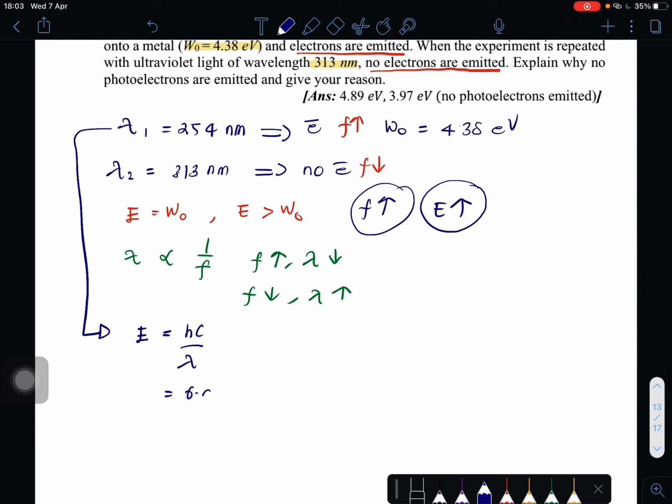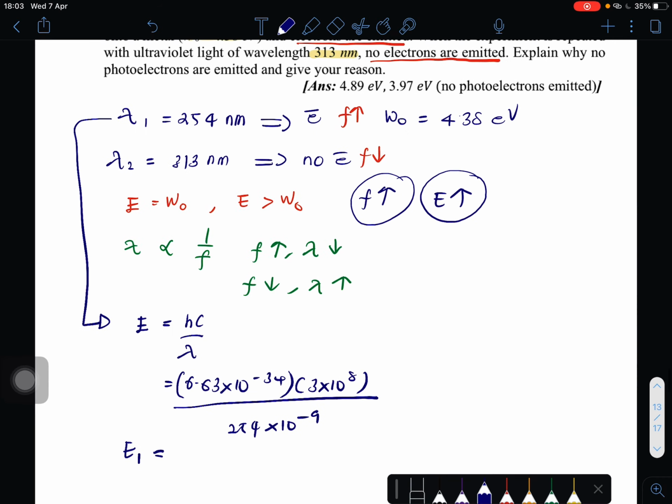So 6.63 eksponen negatif 34 darab dengan c, and then bahagi dengan lambda 254 eksponen negatif 9. So the first energy adalah sama dengan, you should get, I didn't calculate this one, but you should get this value 4.89 electron volt.